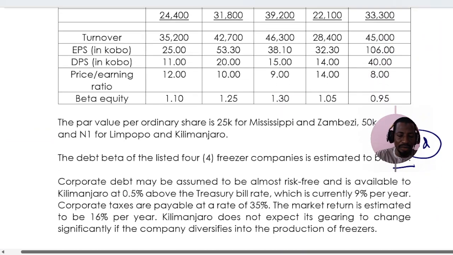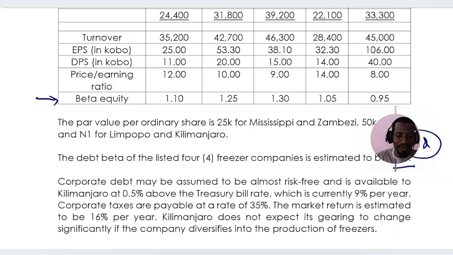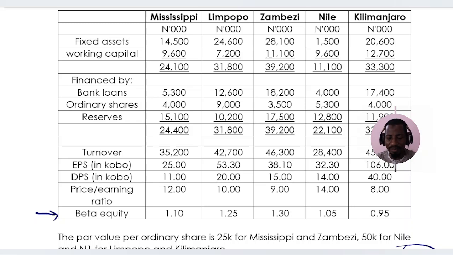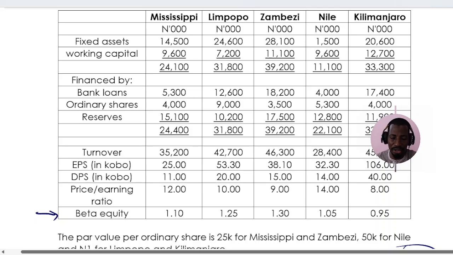When you look at the table given to us, the examiner has given us the equity beta for all the companies, including Kilimanjaro. Mississippi has a different beta, and Limpopo, Zambezi, and Nile have different betas. All I need to do is add up all the betas and find the average.